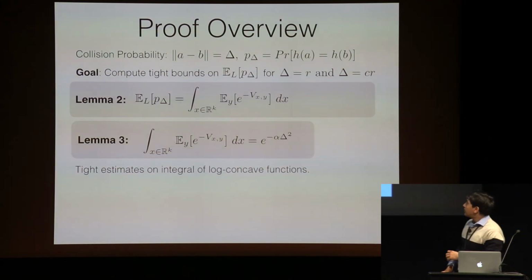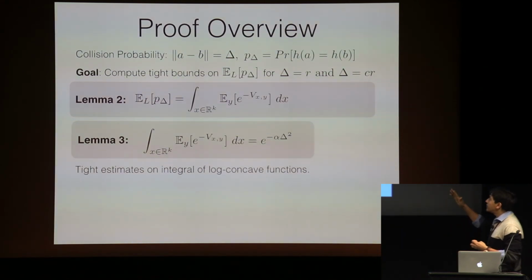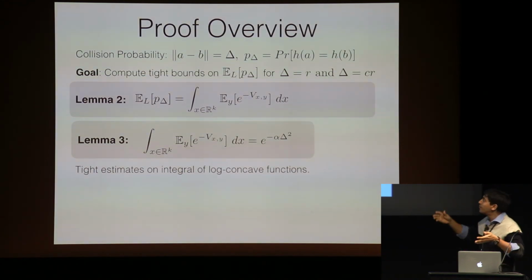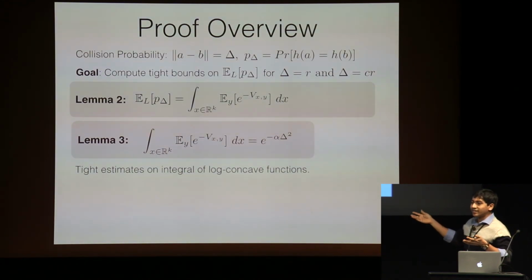After computing these integrals, we get that the expected collision probability is exactly of the form e to the minus alpha delta square, where alpha varies in a constant range for delta in a range from k to the 1/4 to about square root k.